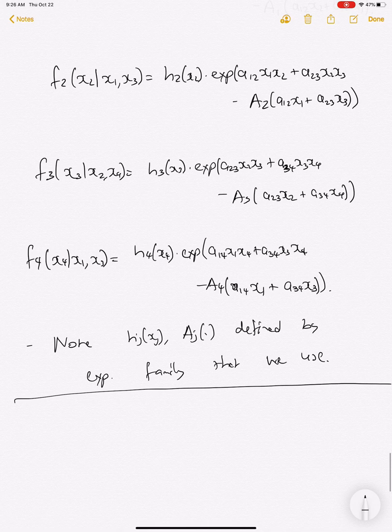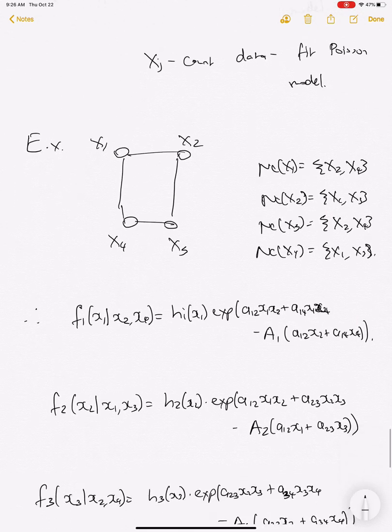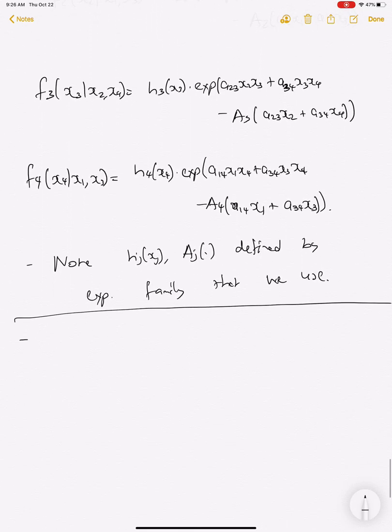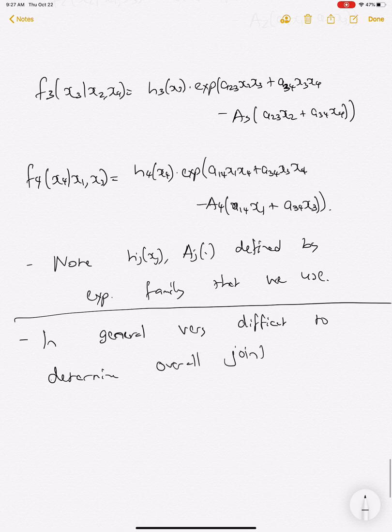Okay, so one thing I should point out is that it's very difficult to determine the overall joint factorization.